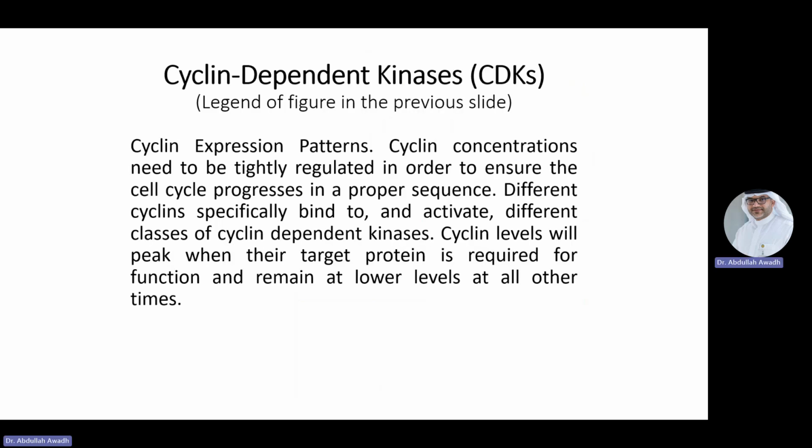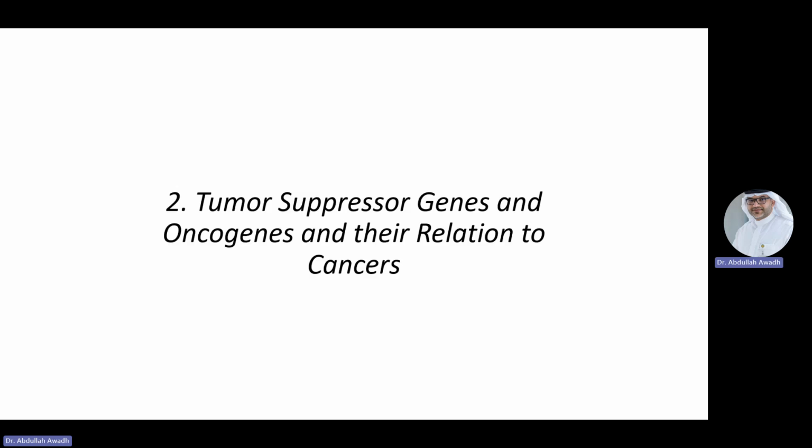So this is the text description of the graph that we've just seen. This is a very brief overview of the cell cycle, as you all know, and how the cell has a complex mechanism of assessing whether the cell cycle is going the right way or not.